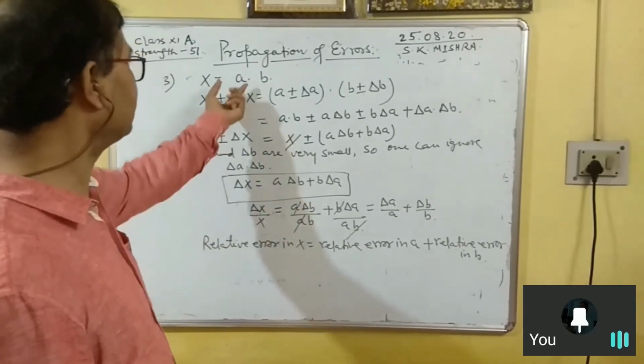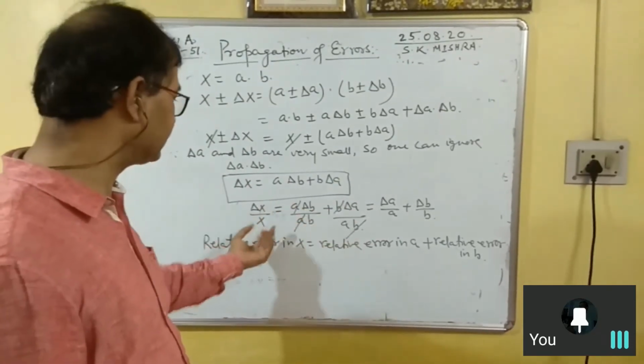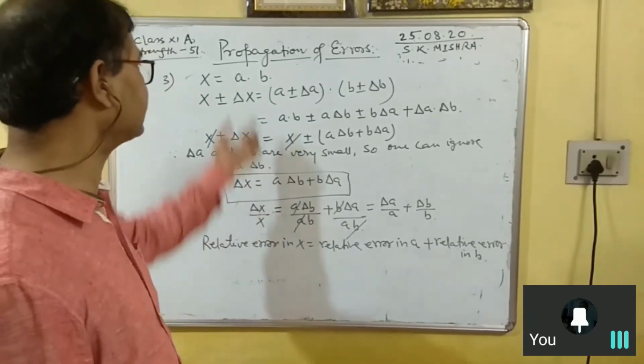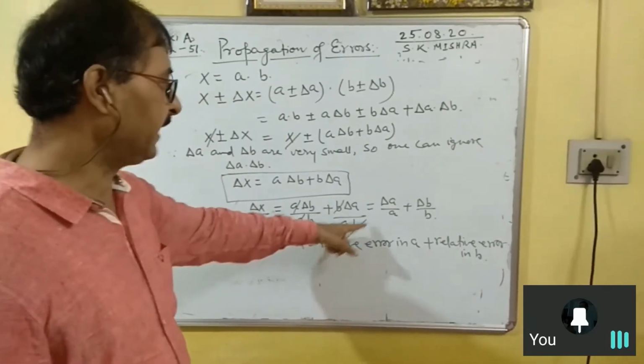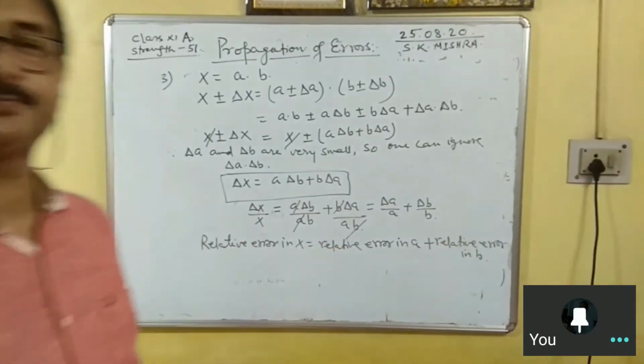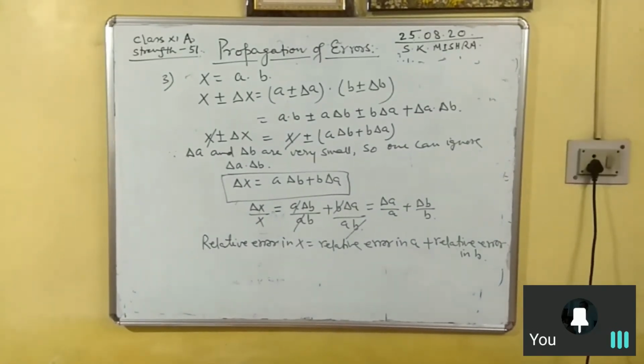X is nothing but A into B. So divide LHS and RHS by the term A into B. On the left side it is x only, because x is A into B. So finally you are getting delta A by A plus delta B by B. That is, relative error in x is equal to relative error in A plus relative error in B.